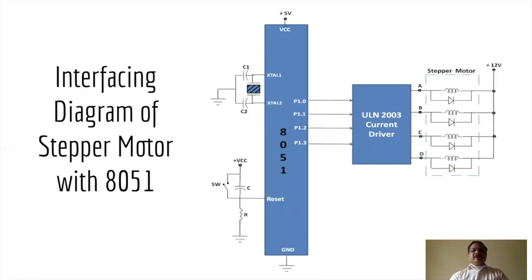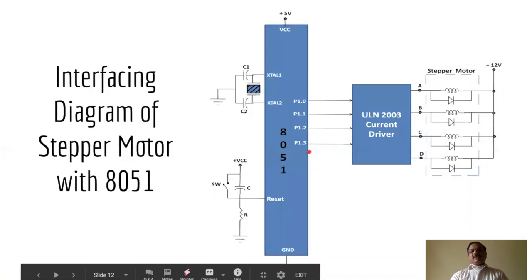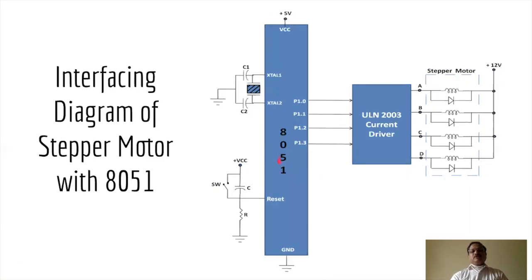For understanding, here the same interfacing is shown, only here the microcontroller chip is shown, and here you can find the port 1 bits from 0 to 3, the current driver.